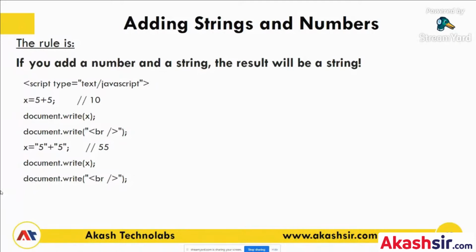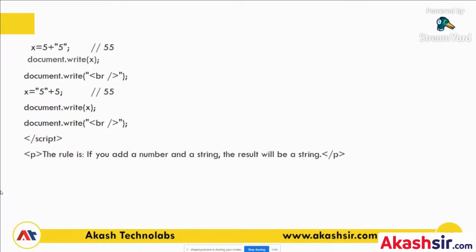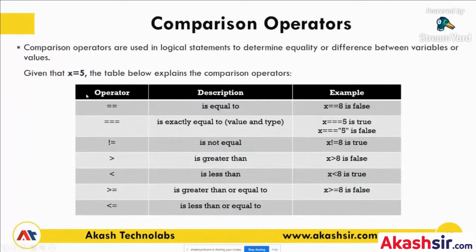Now you can see here we have lots of operations for string variables and integer values. What is next? We have another operator, the comparison operator. This is equals to, and this is exactly equals to. There is one simple question: what is the difference between double equals and triple equals?